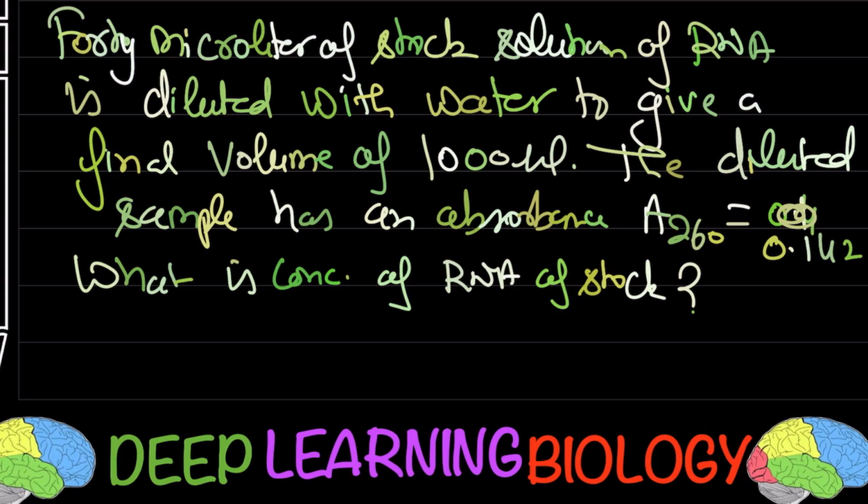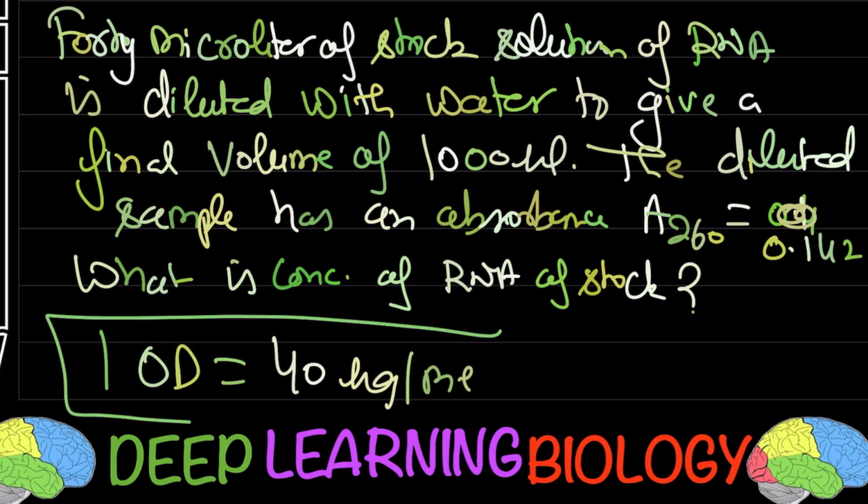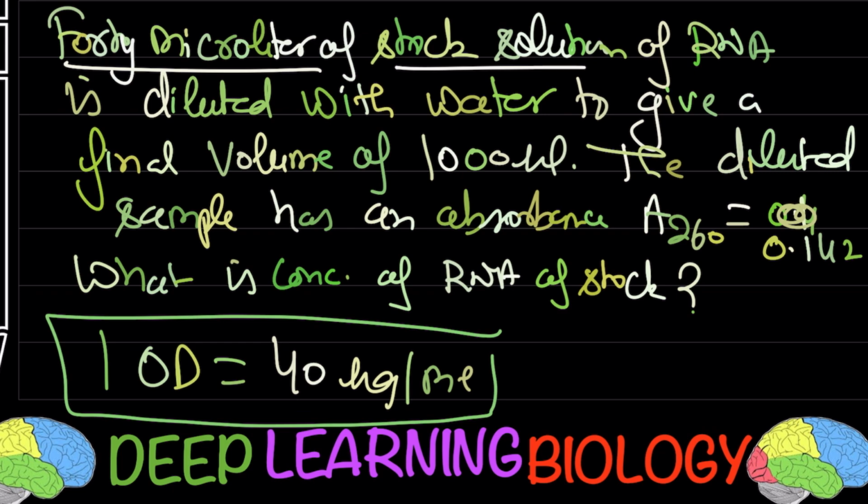Hopefully you remember, for single stranded RNA, 1 OD is equal to 40 microgram per ml. To solve this, you have a 40 microliter stock solution and you diluted it to a final volume of 1000 microliter.